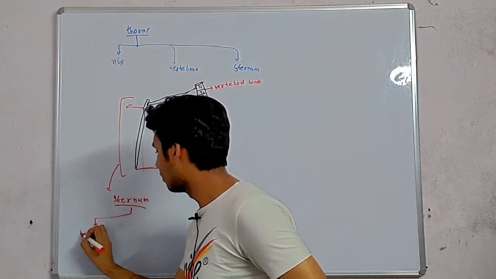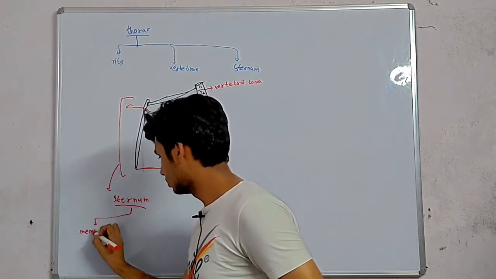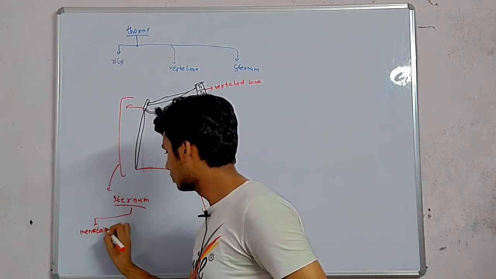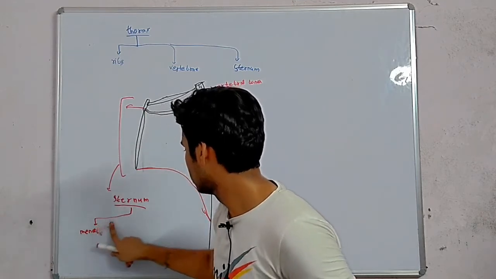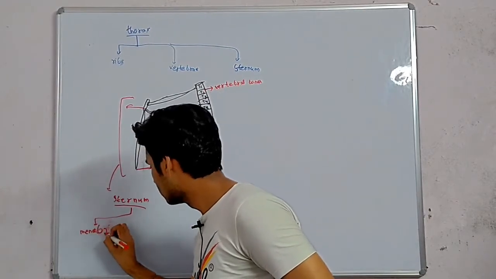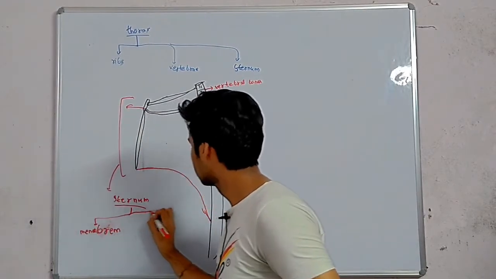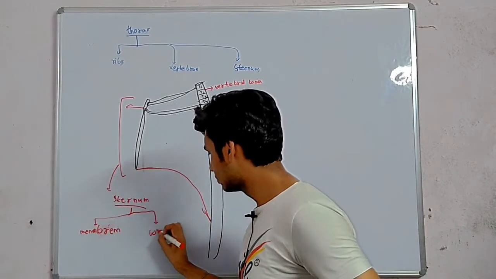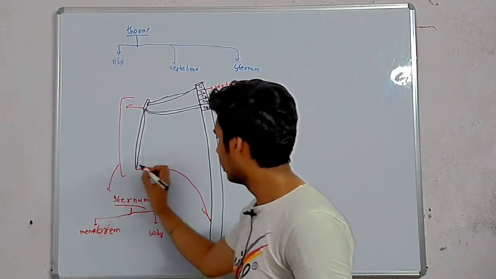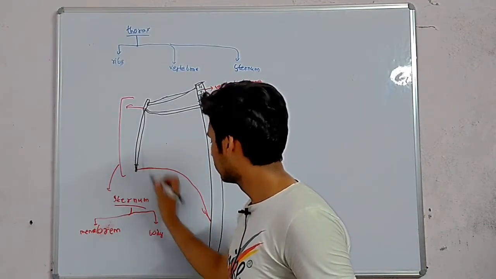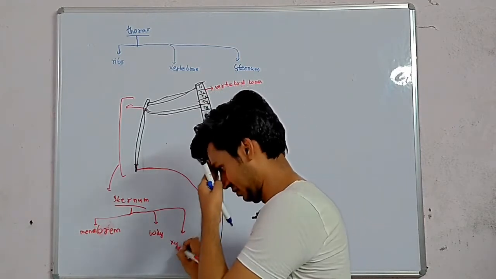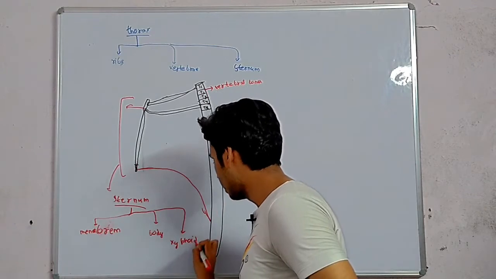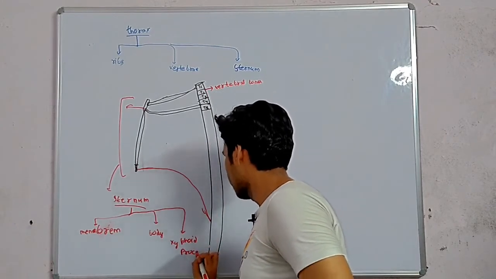First, upper manubrium, now body, and at the tip is xiphoid process. Xiphoid process. Okay.